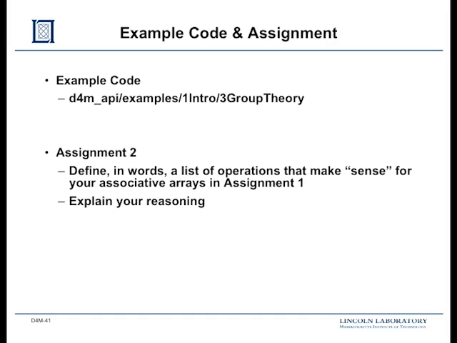Addition would make sense if it's union and the collision function is this or something like that. You'll have to think about what your values are. It could just be that your values are just 1. You might say, oh, my values are 0, 1, and I want 1 plus 1 to equal 0, so you might have an OR or an XOR operation or something like that. So just think about what your example was and think about these ideas a little bit and write a few sentences on what that means.